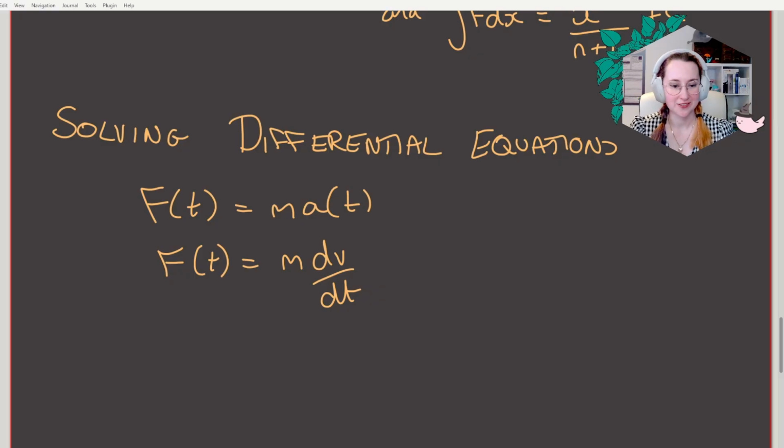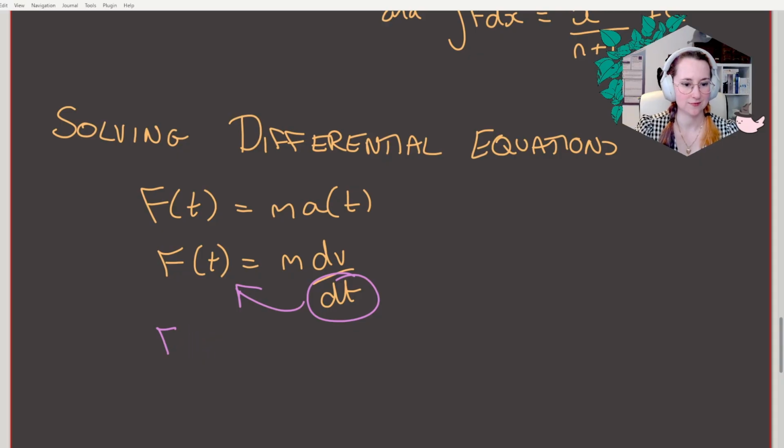So the way that I interpret this in my head, which I think says more about me than it should, is you take the dt and you yeet it over to the other side, and you integrate both sides. So by that I mean you then get f of t dt is equal to m dv.